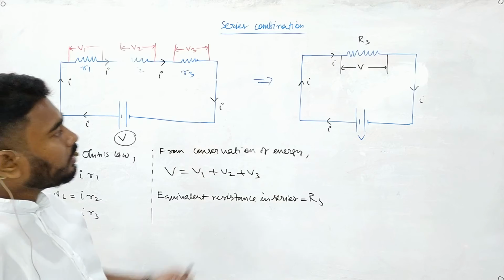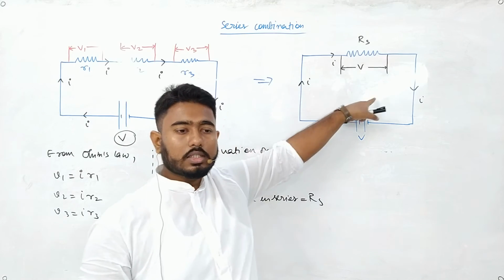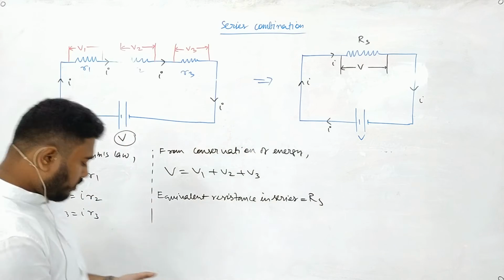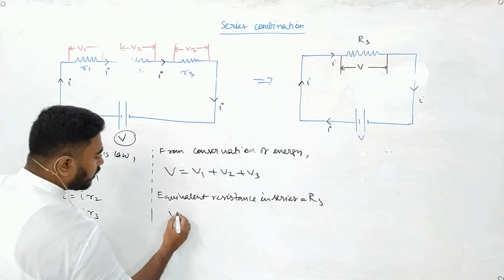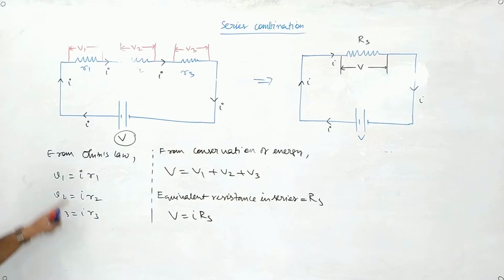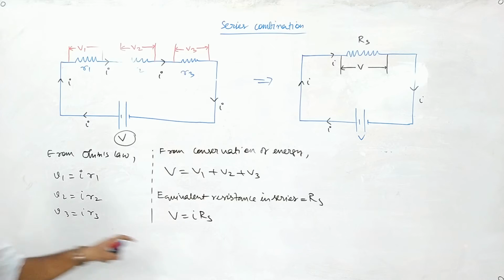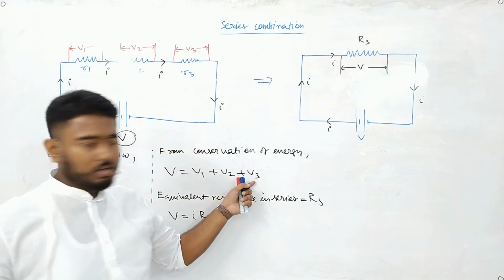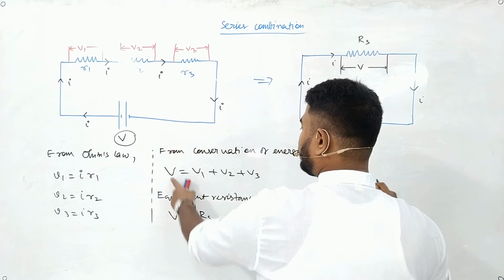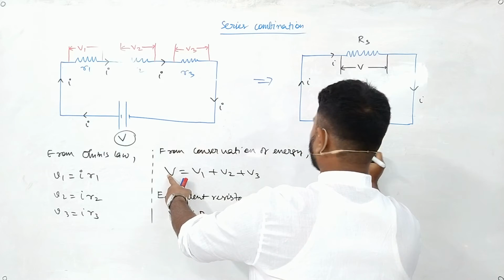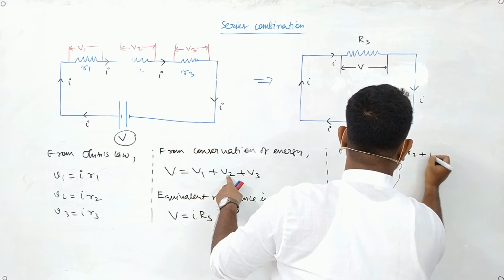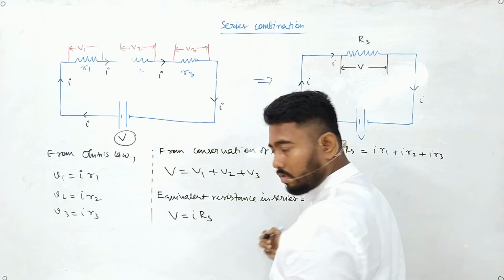Now, if current I flows, RS is the resistance, according to Ohm's law, what can I write? V equals? Good. So we can write V equals I times RS. Now if I put the values of V1, V2, V3 and V in this equation, what do I get? See, I get V, that is IRS, equals V1, V2, V3, that is IR1, IR2, IR3, right?